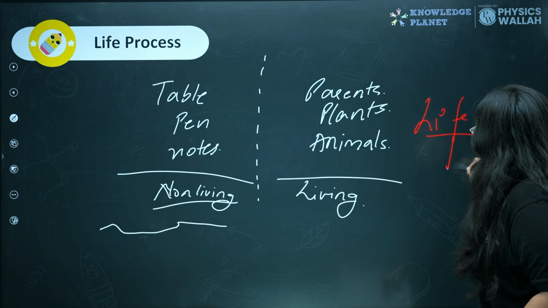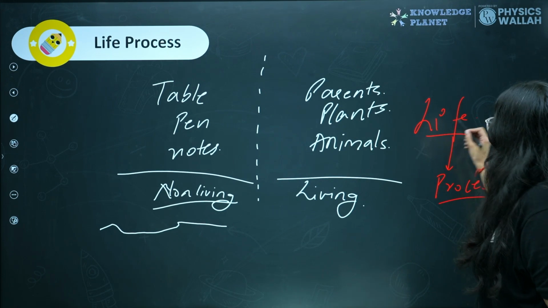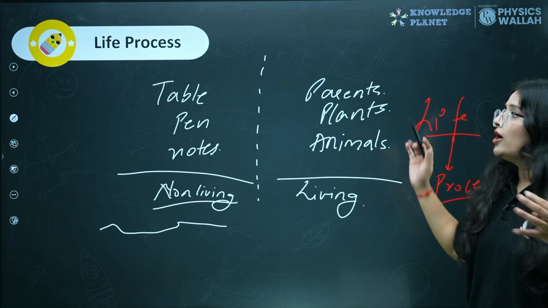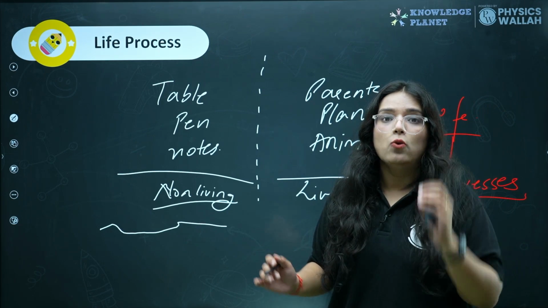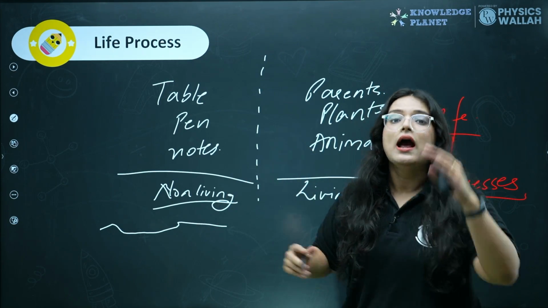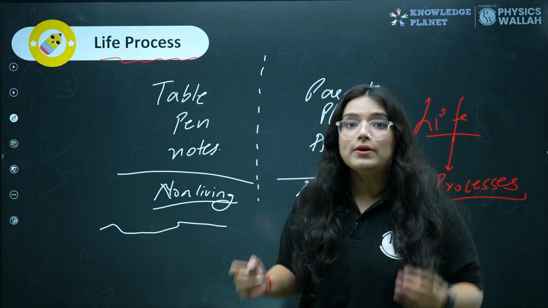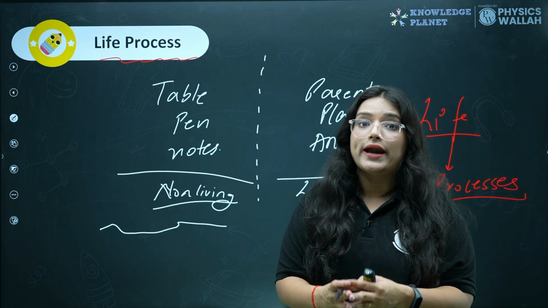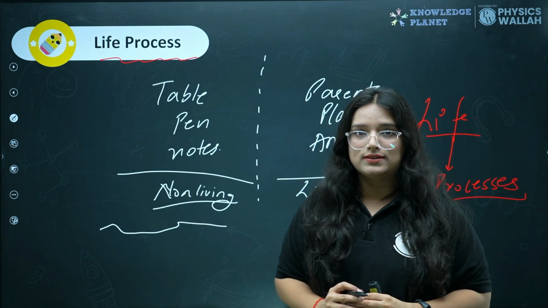Because a lot of processes are happening in their body so that they can maintain and sustain life. So, all those processes required to maintain and sustain life of an individual are known as life processes. For example, respiration, nutrition, transportation, excretion. All these processes are life processes, okay?